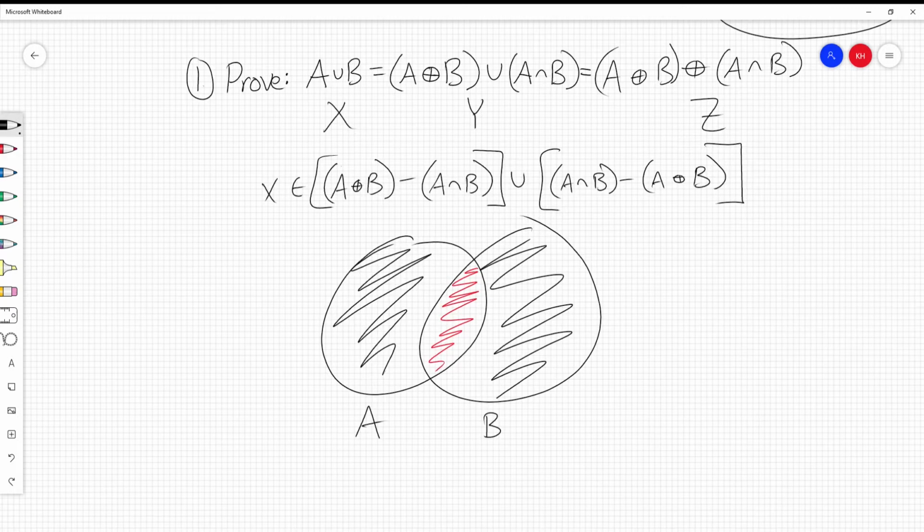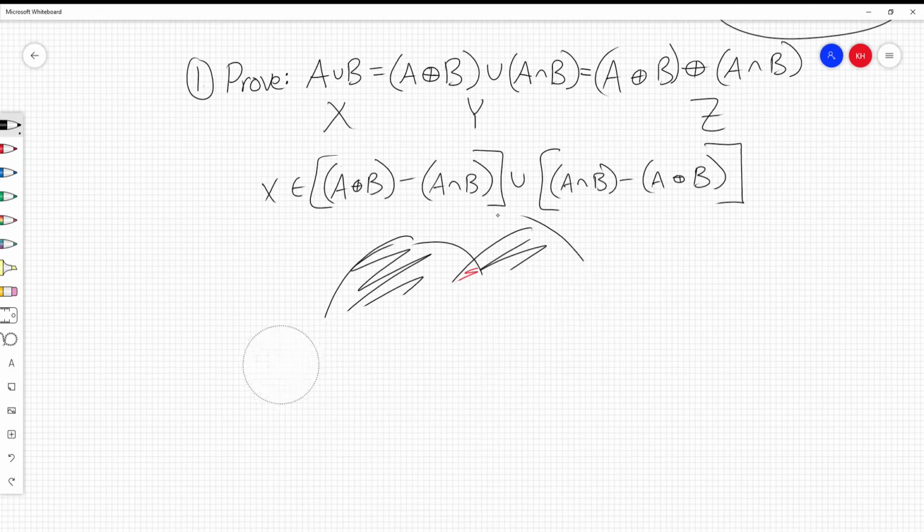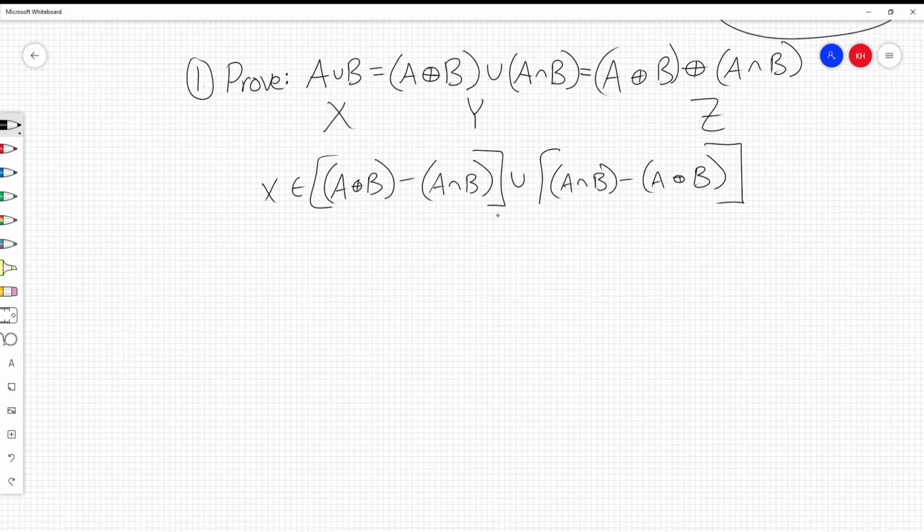These do not share any elements, so just thinking ahead a little bit, we can know that these minus signs are not going to have any effect, right? They share no elements by default. They just don't. So let's expand a little bit more since we have to use set theory for our proof here.